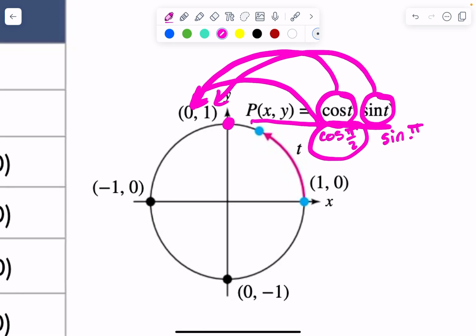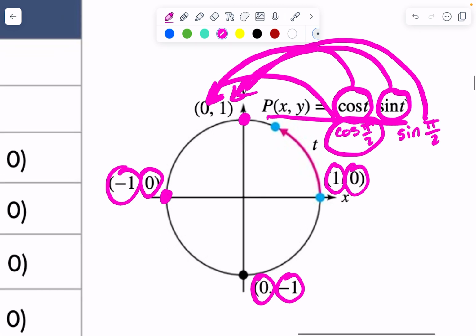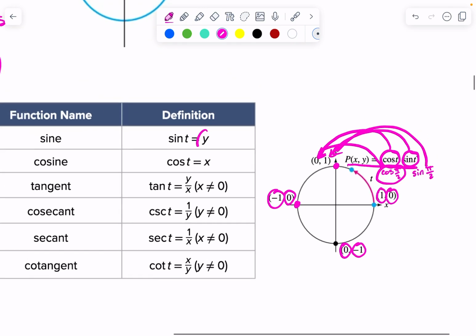Sine of pi over 2 is going to be 1, because that is the same thing as 90 degrees, okay? This is 180, so cosine is -1, sine is 0. Cosine of 270 is 0, sine is -1. Cosine of 360 is 1, sine of 360 is 0, etc., right? That's how it goes all the way around. Okay, sine is the y-coordinate of wherever you're at on the unit circle. Cosine is the x-coordinate, okay?